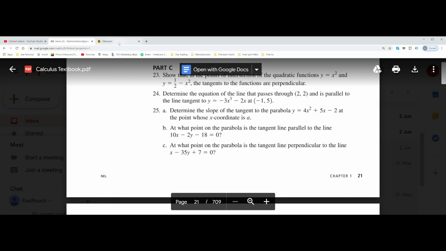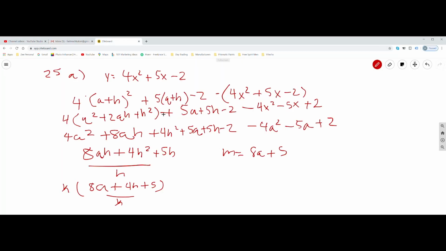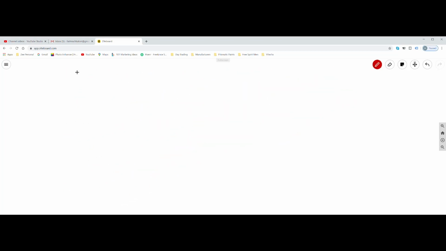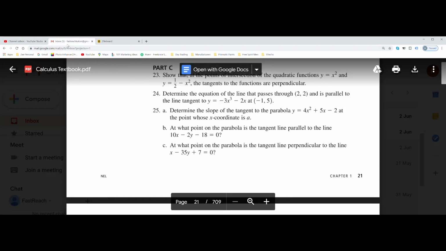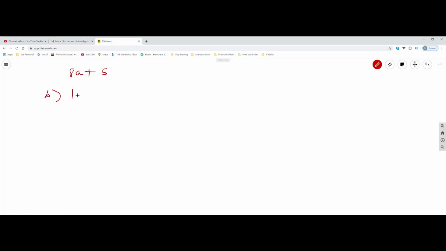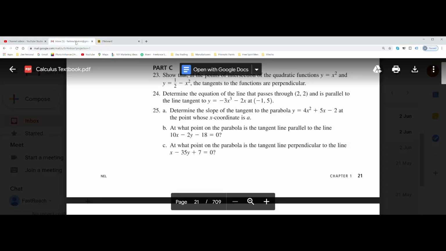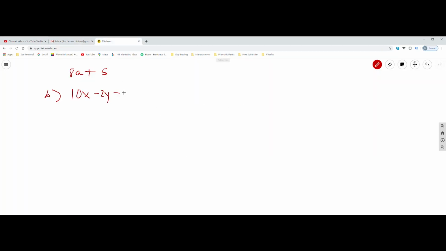B. So we have the equation 8a plus 5. So let's keep this there. And then we have B. 10x minus 2y minus 18 equals 0.